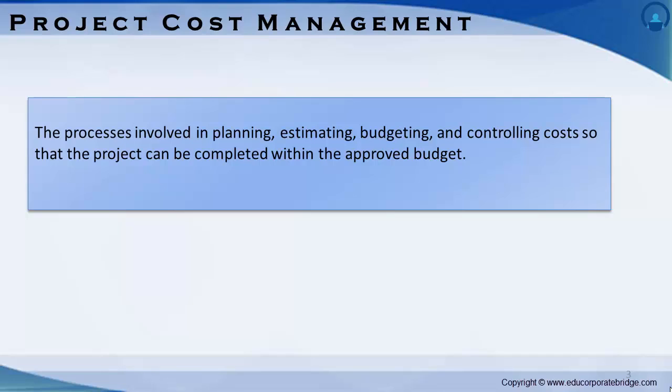It is primarily concerned with the cost of the resources needed to complete project activities. Cost management should also consider the effect of project decisions on the subsequent recurring cost of using, maintaining, and supporting the product, service, or result of the project.